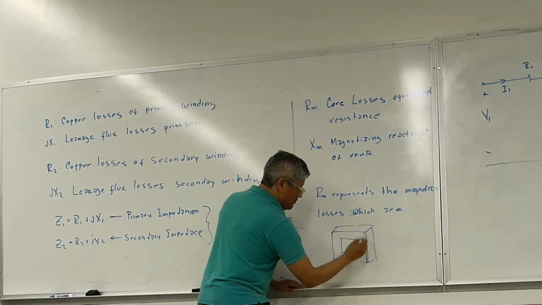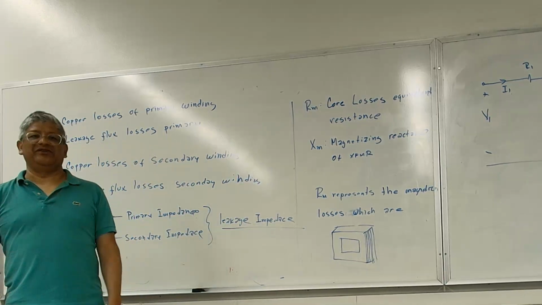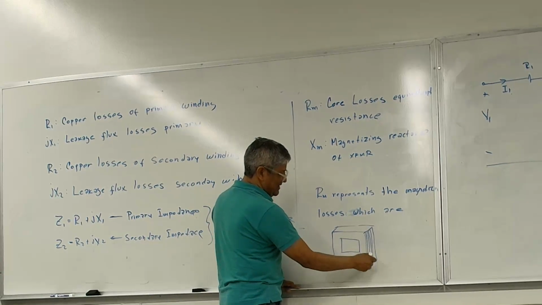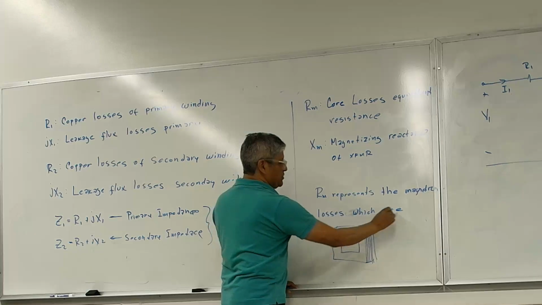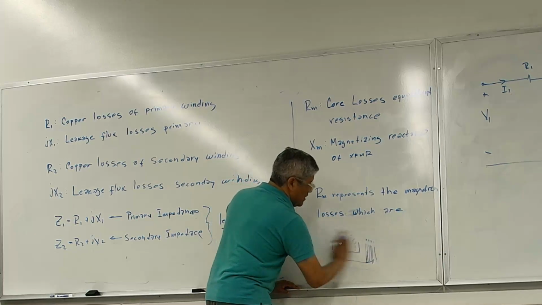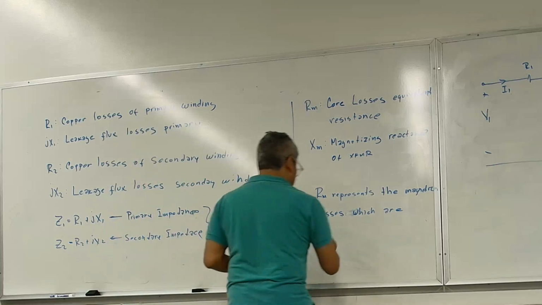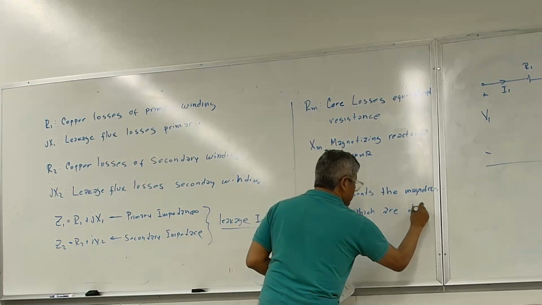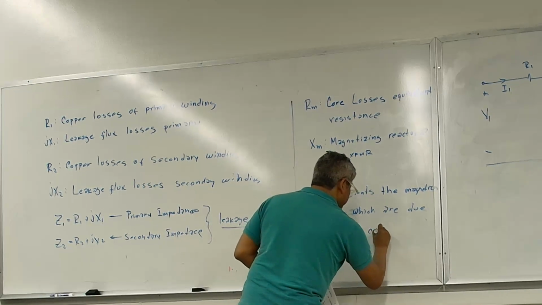And then we remember we talked about slicing it. What is it that we're trying to reduce? The eddy currents, right? We talked about this little vortex that develops here. So that's one: losses which are due to eddy currents.